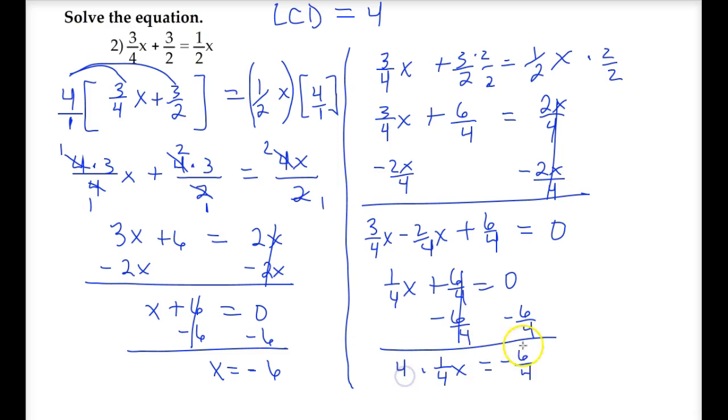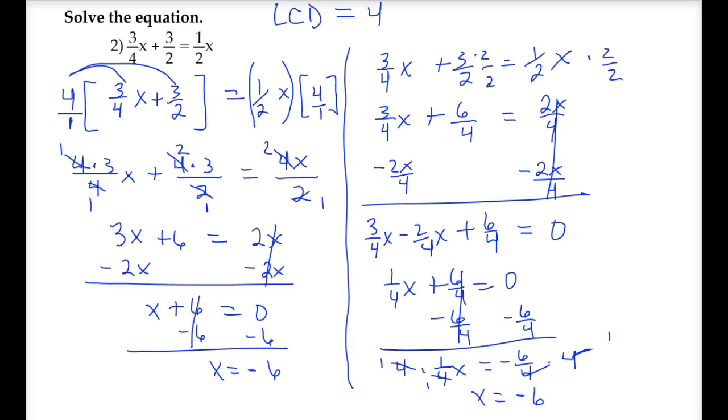So you see, we still end up having to do that anyway. And of course, that reduces to 1 here. That reduces to 1. And we get x is equal to -6. So either way you look at it, you see that we end up having x equals -6 as the answer.